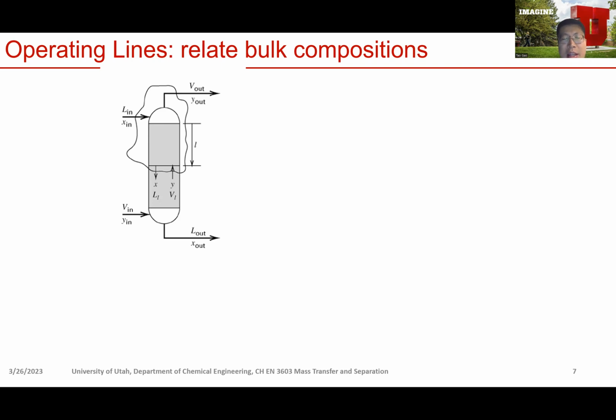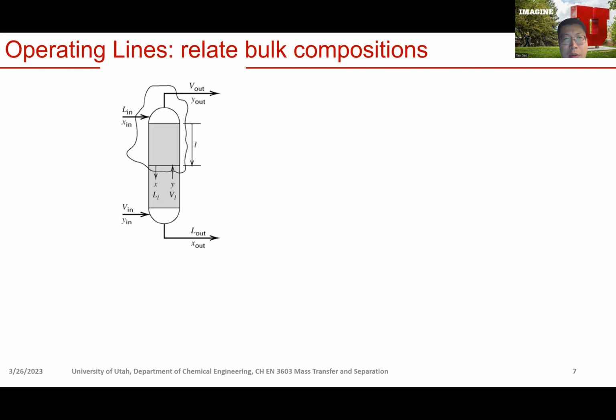In that case, we assume a certain height of a packed region is equivalent to a tray tower. Okay, and to figure out what's the required height to be equivalent to a tray in equilibrium, we have to consider the mass transfer between the gas phase and the liquid phase.